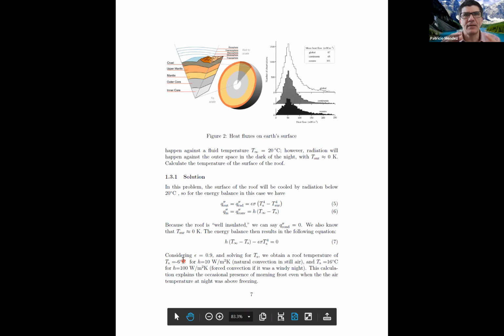This is amazing. The roof is at minus 6 degrees, but the air is at 20 degrees. This is one of those cases in which the surrounding temperatures are different than the temperature of the fluid. Fluid, 20 degrees. Surrounding space is 0 Kelvin. There are subtleties because this applies in environments that are dry.